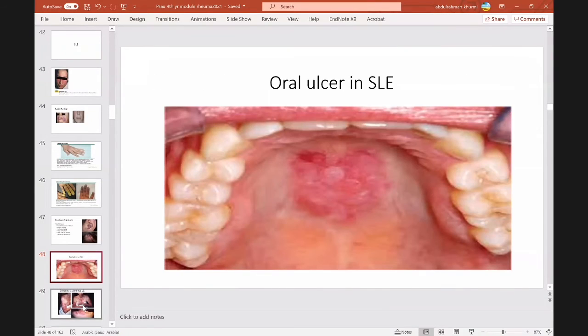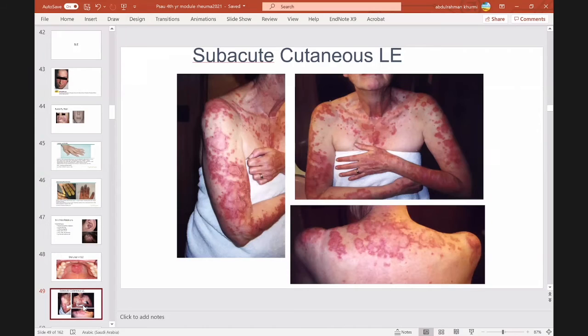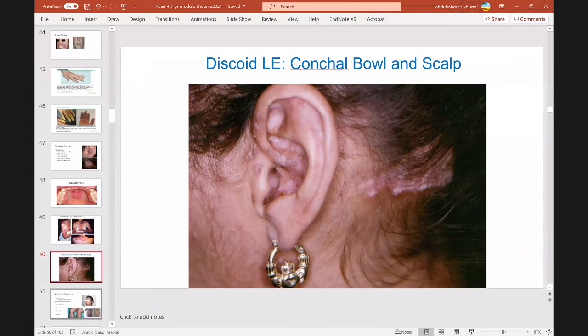What do you see here? Mouth ulcer. Then lupus. What is here? Rash, subacute cutaneous lupus. This is again discoid lupus. So we have discoid lupus, we have malar erythema, and we have subacute lupus.